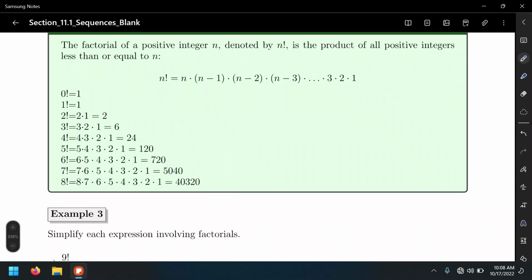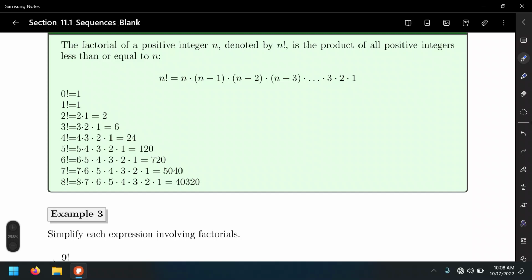So notice how the factorials of these numbers get big pretty quick. Just from 4 factorial, which is 24, to 5 factorial, it makes a big jump in the size of the number, and even from 5 to 6 is 720. Really, really big numbers here.